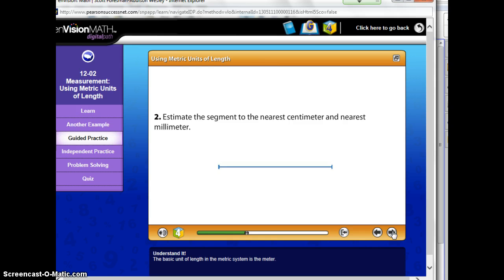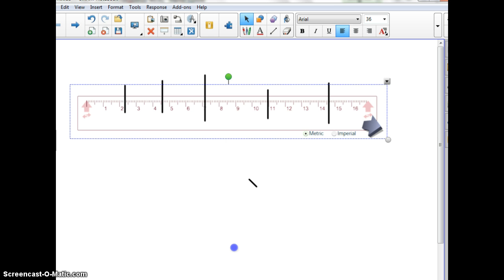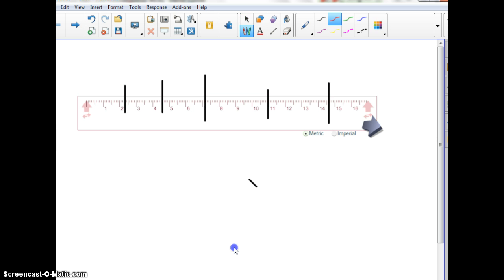A centimeter or a millimeter? Will? Totally. However, let's take a look at the difference between measuring with centimeters and measuring with millimeters. I have a centimeter ruler on my smartboard. Line A is a little more than 2 centimeters.